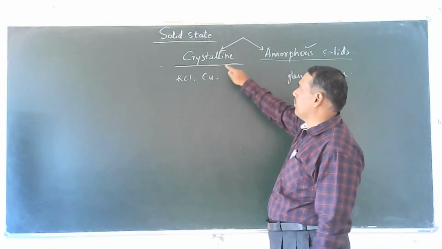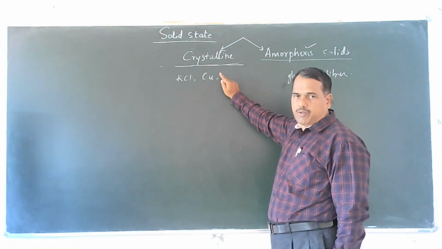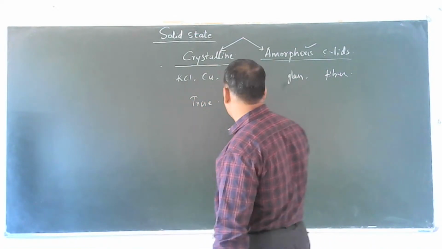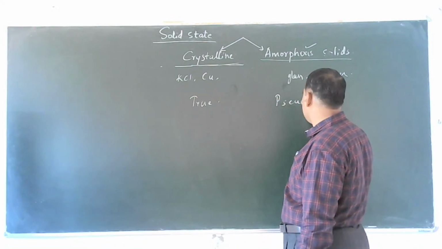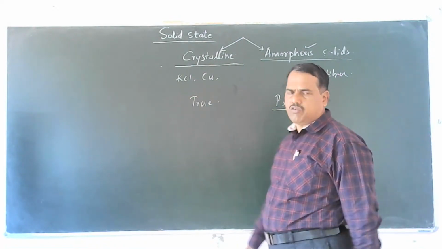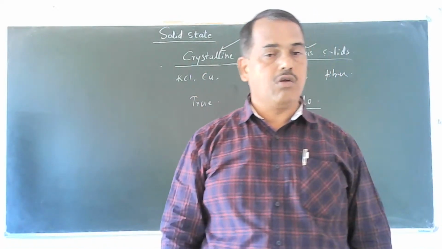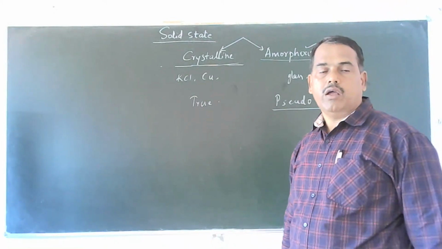Another basic thing we have to remember about crystalline and amorphous solids: crystalline solids are true solids, and amorphous solids are pseudo solids, which are also called supercooled liquids. Are you clear?